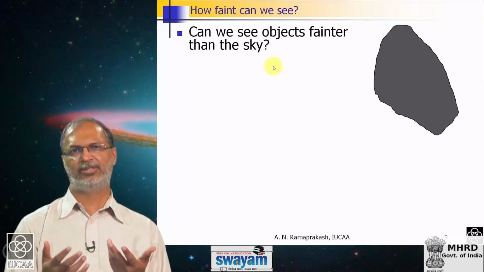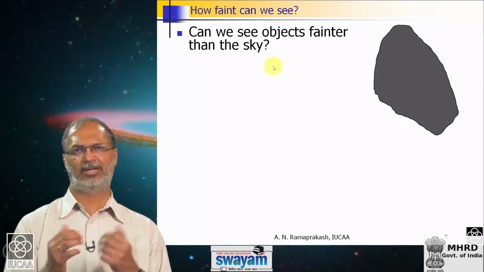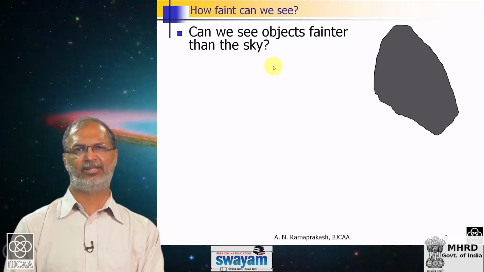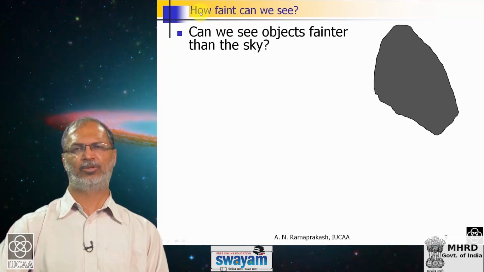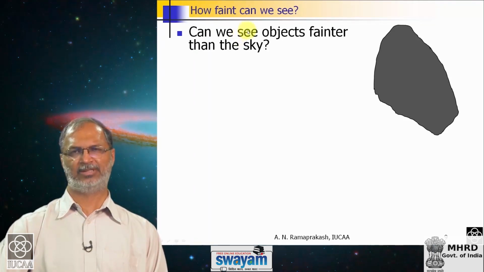All this light appears to be coming from the sky and makes the sky brighter. That is why in a city, even in the night, you will not be able to see many stars. You have to go to an extremely dark place, very far from cities, where the sky is very dark, when you have to see very faint stars.